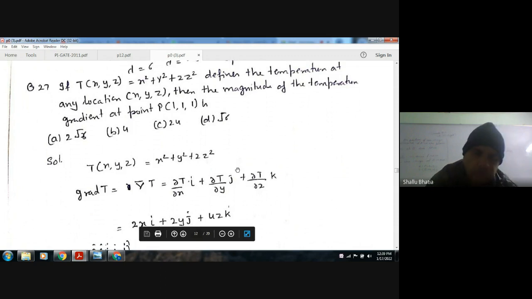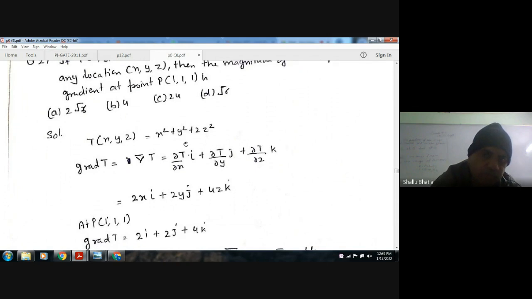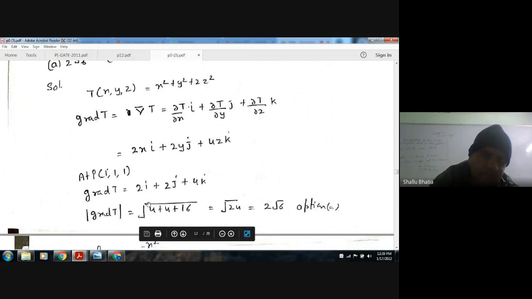Putting the value of T, the differentiation of T with respect to x is 2x, with respect to y is 2y, and with respect to z is 4z. So it will be 2x i, 2y j, and 4z k. Putting the value of x, y, and z as 1, 1, 1, gradient T will be 2i plus 2j plus 4k.